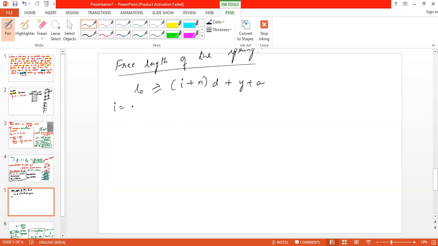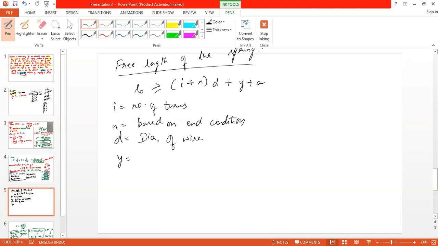Here I is the number of turns and N is based on end condition, and d is the diameter of wire, and Y is the maximum deflection and A is 25% of maximum deflection.